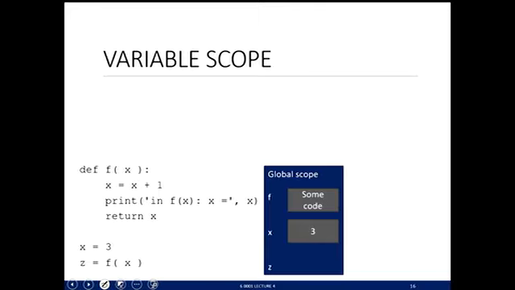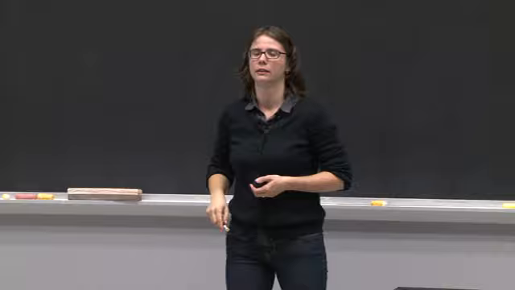When the program first starts, we're creating this global scope. Okay? It's the main program scope. In the main program scope, the first thing that Python's going to see is this part here: def f of x, and then some stuff inside. Okay?